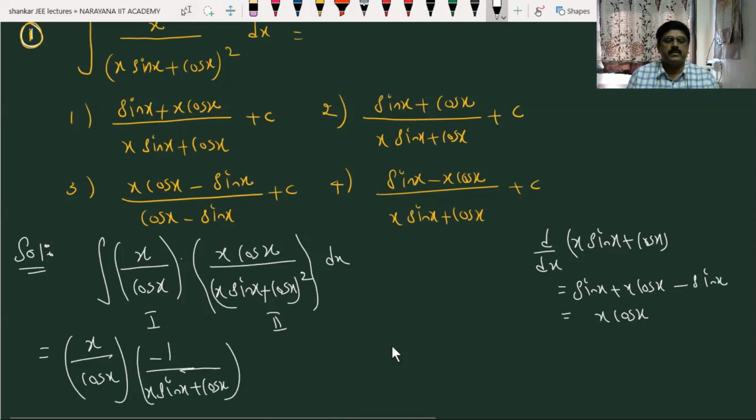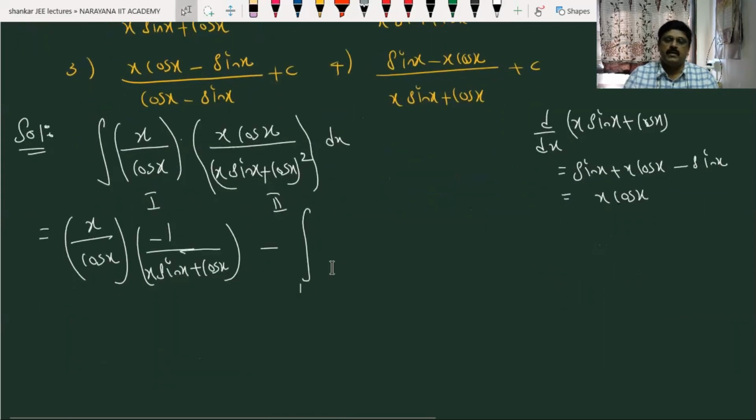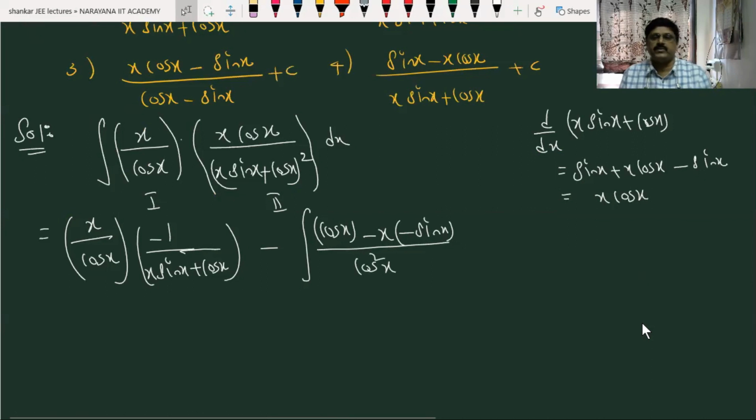Okay, students. Minus integral of, what is the formula? Derivative of the first function. Let us do x by cos x in the u by v formula, students. So it will be (v u dash minus u v dash) by v square, you know. So cos x into 1 minus x into minus sin x upon cos square x, into your previous value, students.